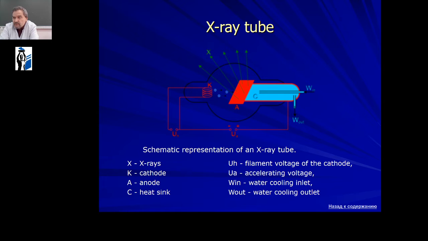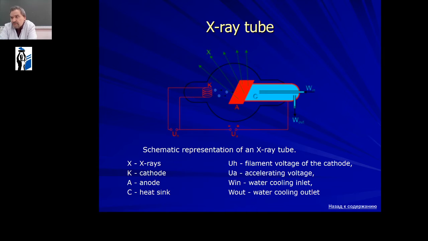A directed flow of charged particles, electrons, is created. The flow goes from the cathode to the anode. At the moment of electron deceleration, X-ray radiation is generated when the electrons are reflected from the anode.